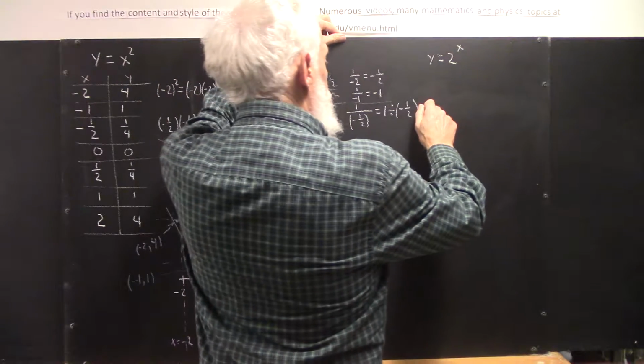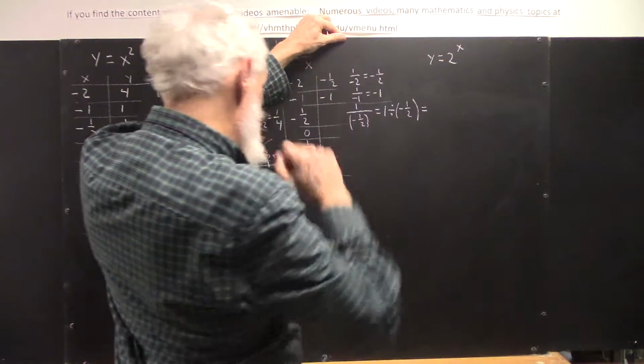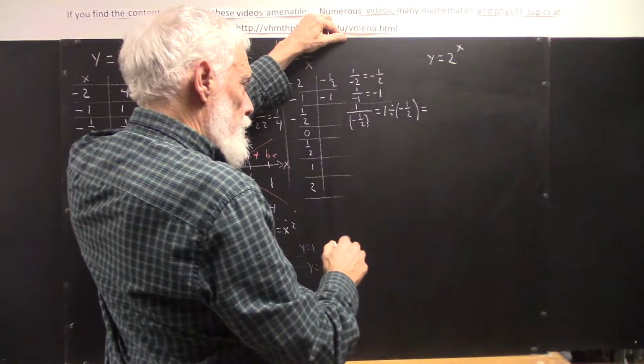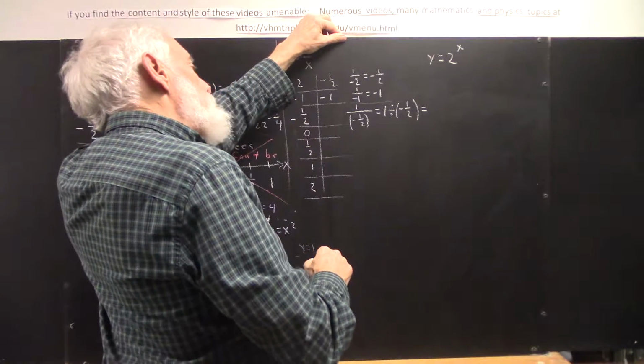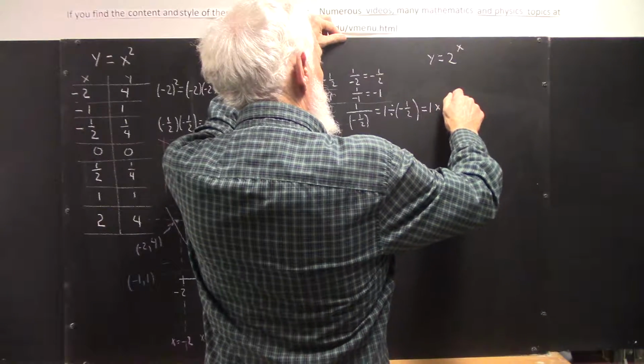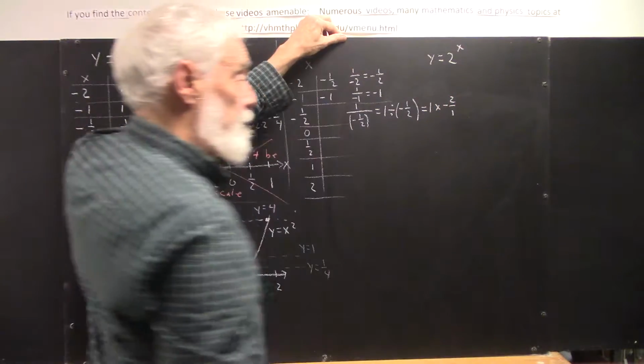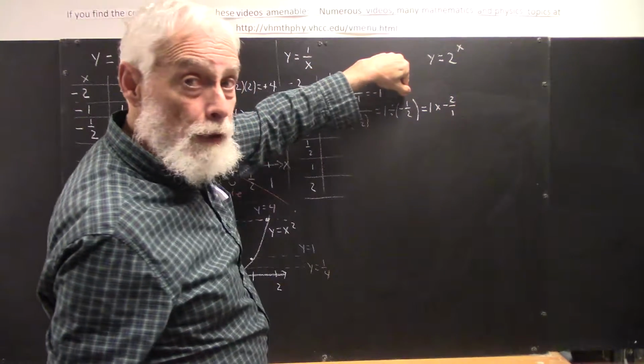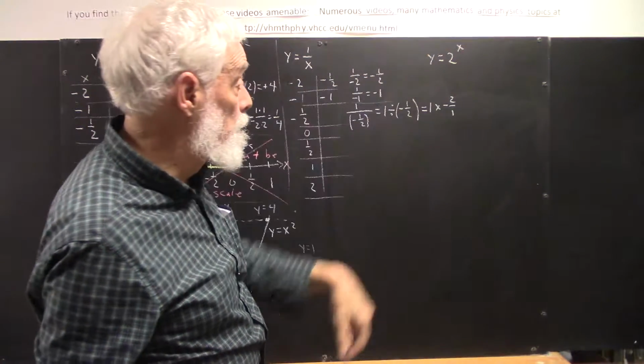Well, I could talk about exactly what that means, and I did in class, but I'm not going to do that right now. It's the same as 1 multiplied by negative 2 over 1. When you divide by a fraction, you multiply by its reciprocal.